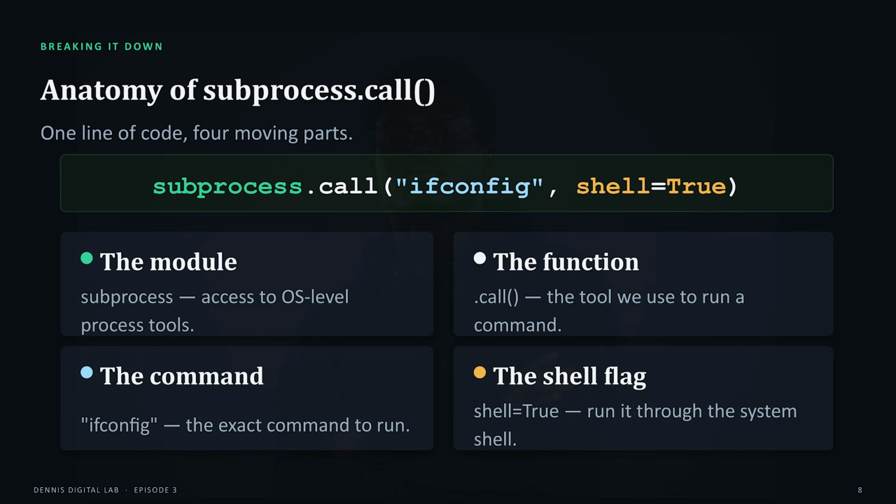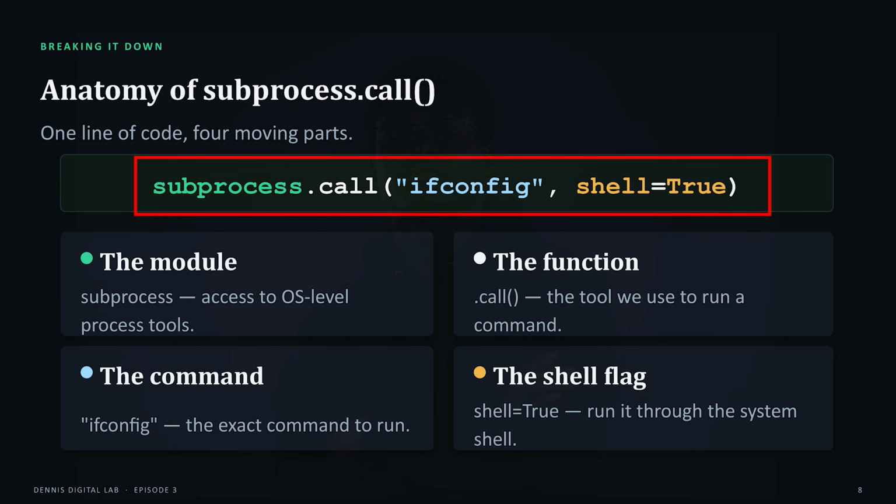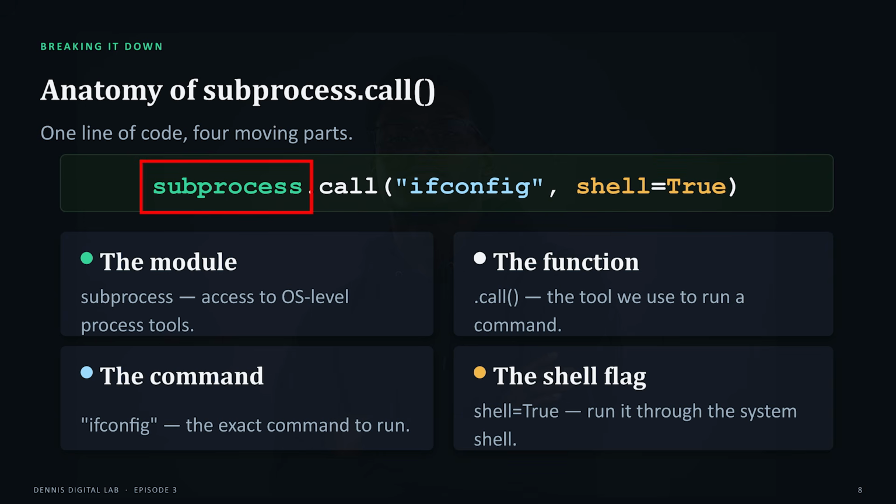Now look at the actual command we are going to use here. On the slide, you can see subprocess.call, ifconfig, shell equals true. Now this might look like one complicated line when you are seeing it for the first time, but it's actually made up of four simple pieces. Let's break it down. First, we have subprocess. That is the module we are using. Then we have .call.